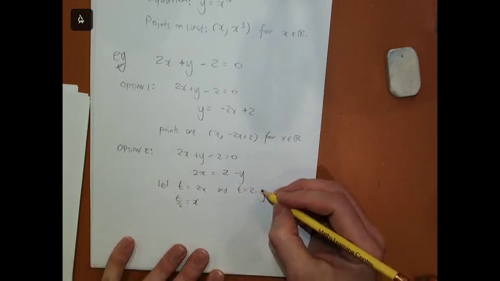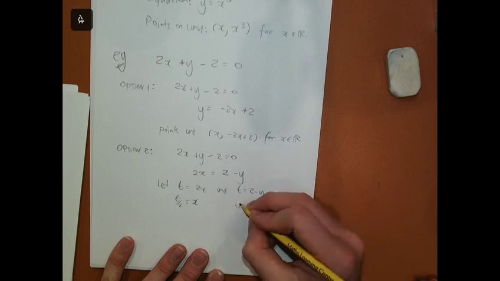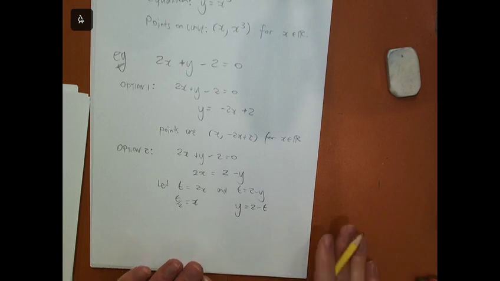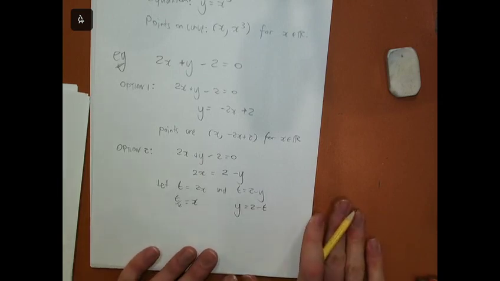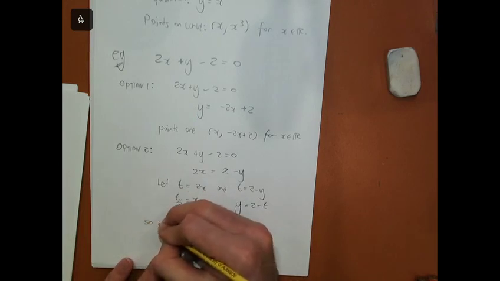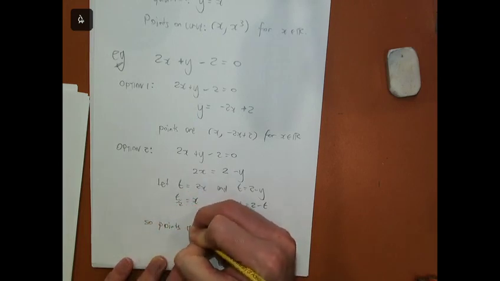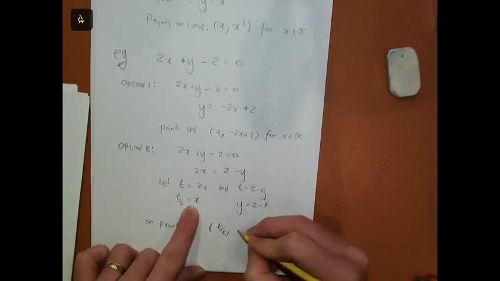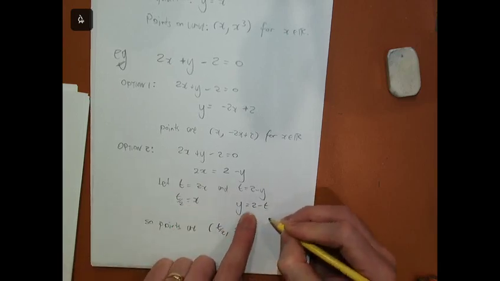And if I add y to both sides, that'll move the y over here, and subtract t from both sides, I'll get that. So y is 2 minus t. Excellent. So I've got a description of what the x-coordinate and the y-coordinate are. So the points are t on 2, that's the x-coordinate, and 2 minus t, that's the y-coordinate.